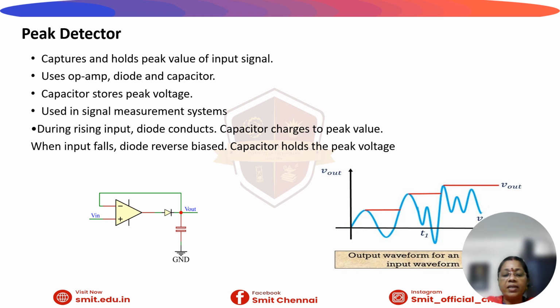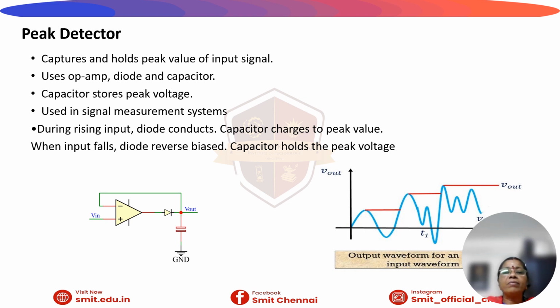When the input signal drops below the peak, the op-amp output swings low, hence it reverse biases the diode and disconnects the capacitor from the op-amp, thus allowing it to hold the peak voltage value. To measure a new lower peak, the capacitor must be discharged. This is typically done using a manual switch or MOSFET switch connected in parallel with the capacitor.